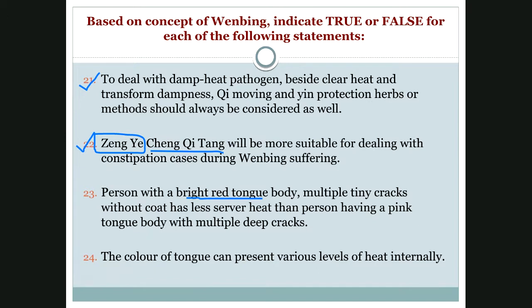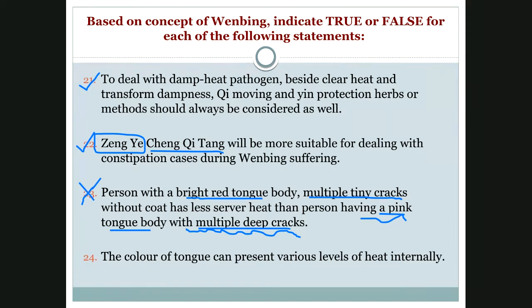So something has happened now. But once you have deep cracks with a pink tongue body, that means the heat happened in the past. So basically, this tells you heat is more severe at the moment, and that is just a residue of the heat, tissues not yet healed, left behind from previous heat damage. So this is what? Incorrect.